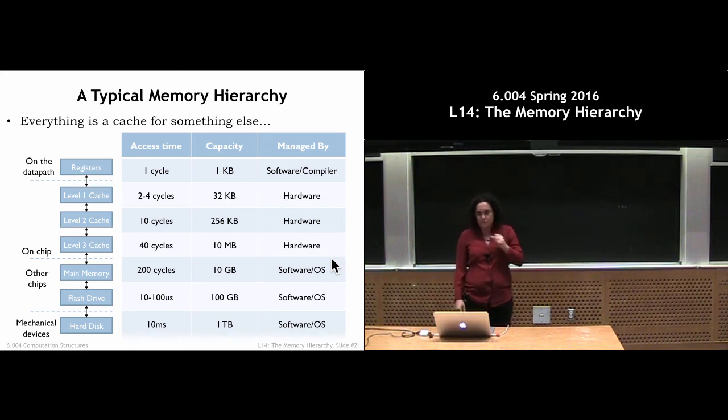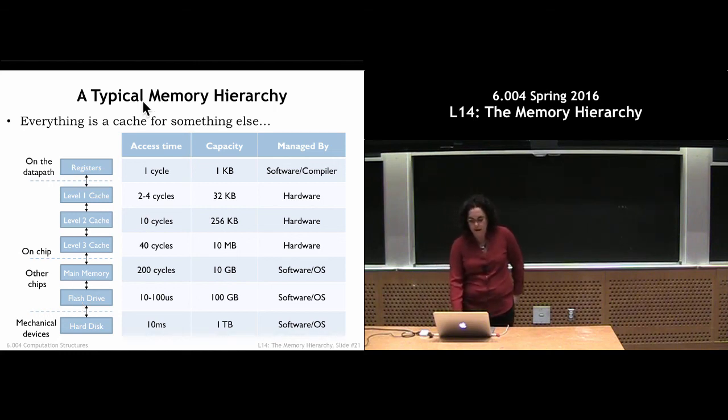Okay, so we have this really large sort of memory hierarchy, and what you'll find in general is that you have different levels of this hierarchy, where each one of these is essentially a cache for the one underneath. So for example, your level 3 cache is a cache for your main memory, while your main memory is a cache for your flash drive, and so on and so forth.